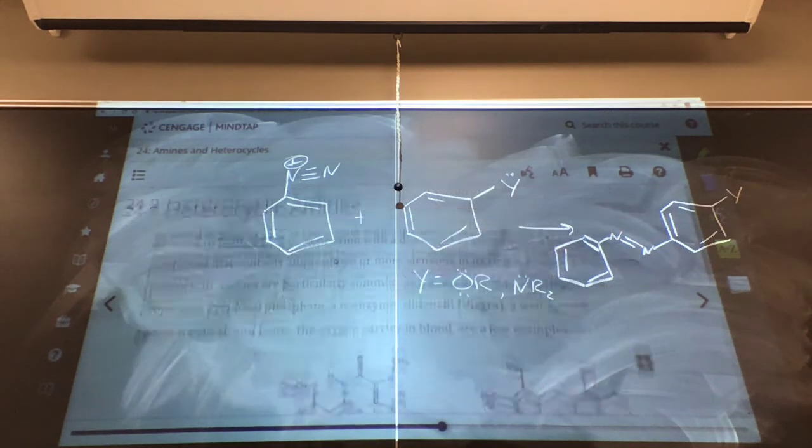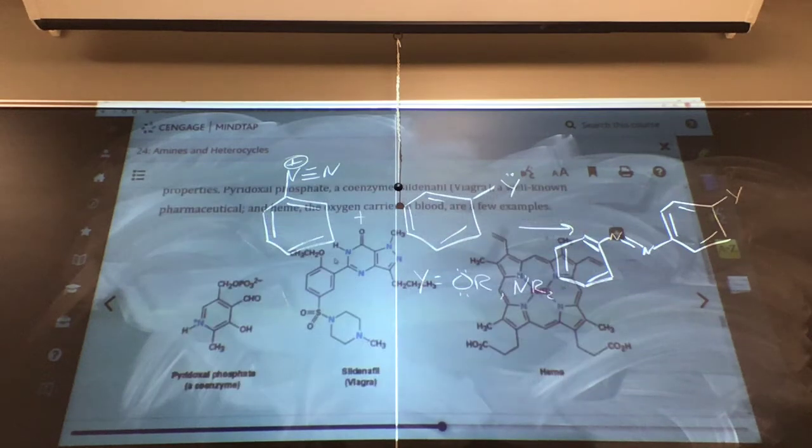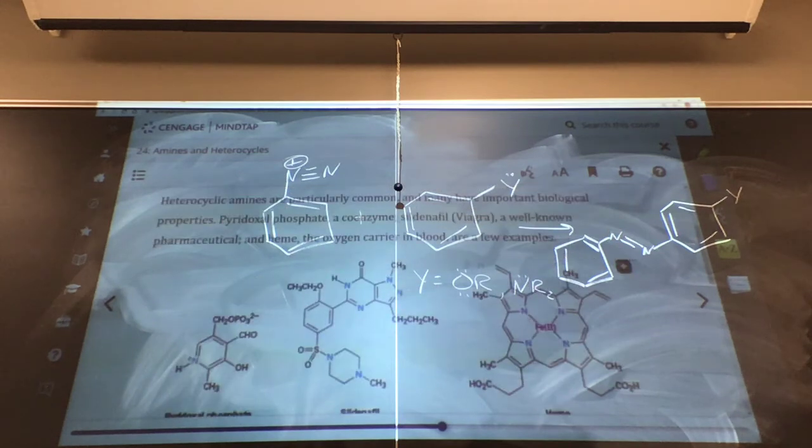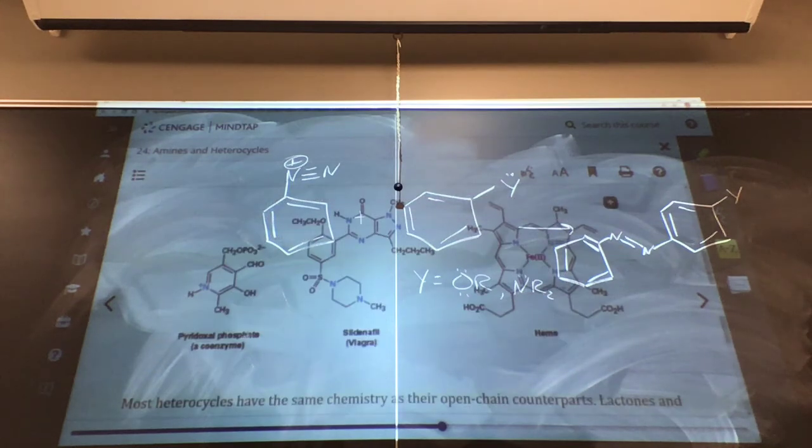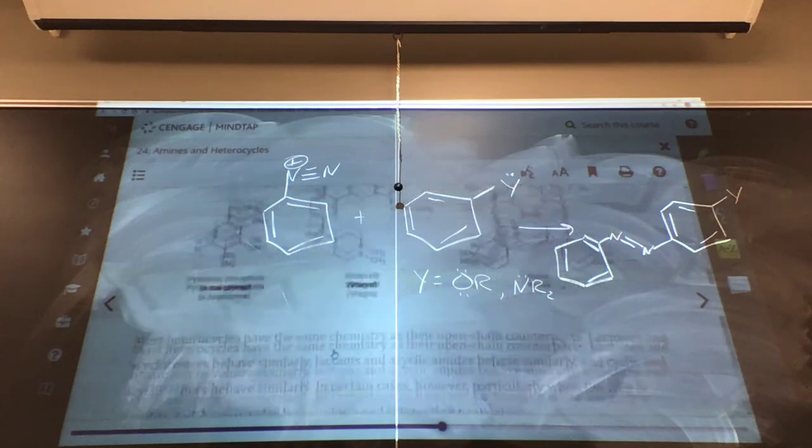And here are some examples of heterocyclic amines. Some are pharmaceuticals, heme, the oxygen carrier in blood, is a heterocycle. Here's a coenzyme that's a heterocycle.